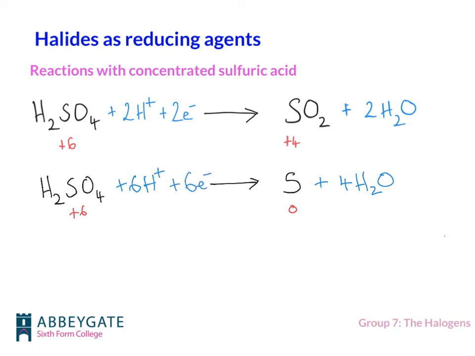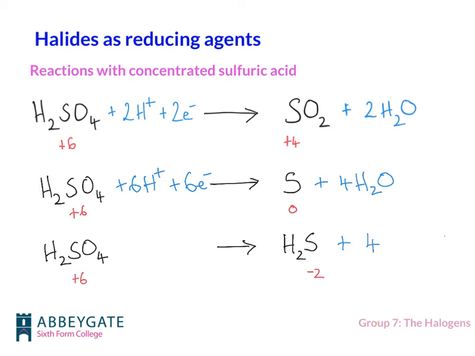So you can see I'm going from +6 to 0, so this is going to take a stronger reducing agent. And finally, if I have an even stronger reducing agent, I can take sulfuric acid and I can turn it into hydrogen sulfide. And from here, our sulfur goes from being +6 to being -2.